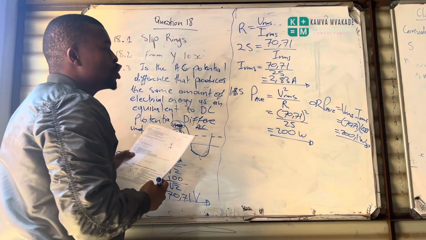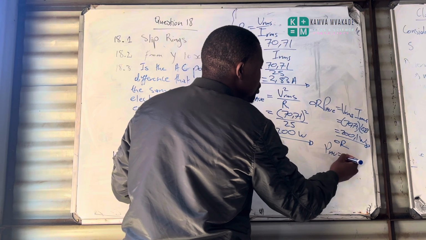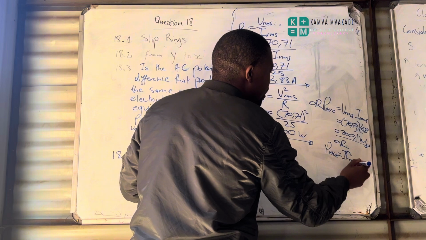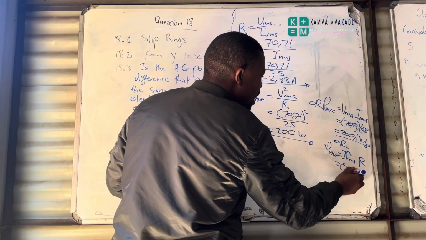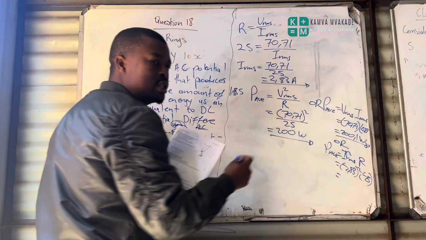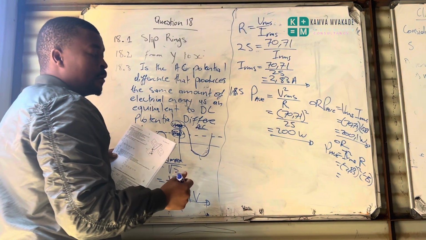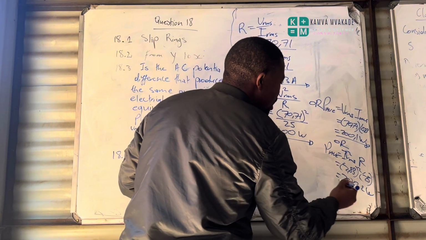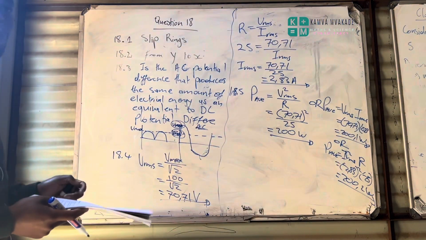Or you can say P average is equal to I squared RMS times resistance. 2.83 squared times 25. How much do you get? 200.2 watts. So I wanted to tell you that a value that is around 200 is still correct.